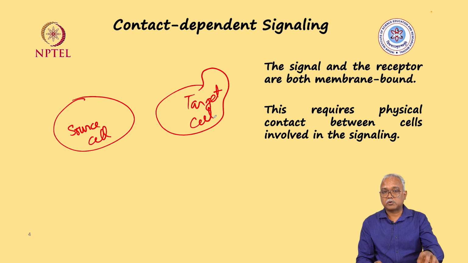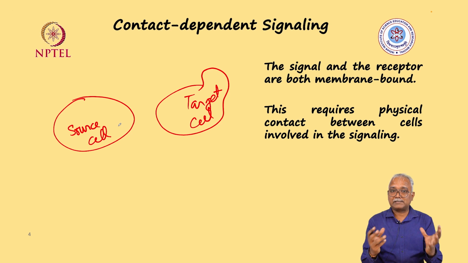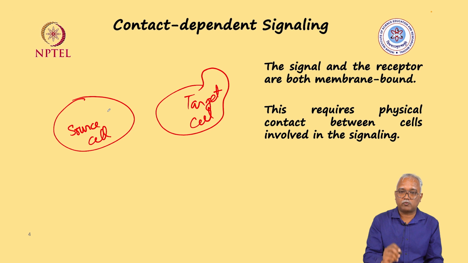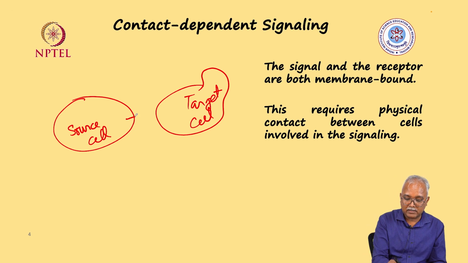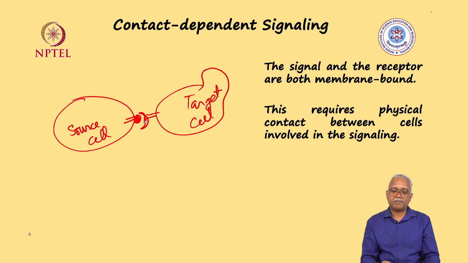So basically the source cell is the source of the signal and the target cell is the sink for that signal. Since it is contact dependent signaling, you can simply assume that the signal is not being released out. Rather, the signal is also membrane bound, and the receptor which is recognizing it is definitely membrane bound.